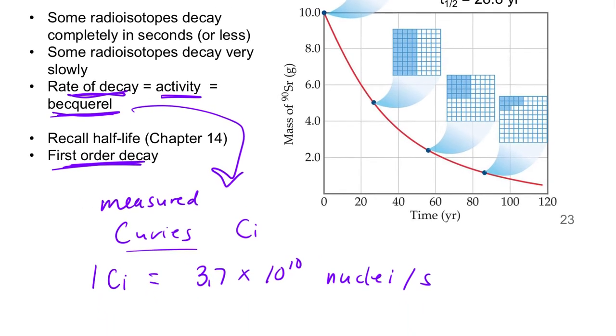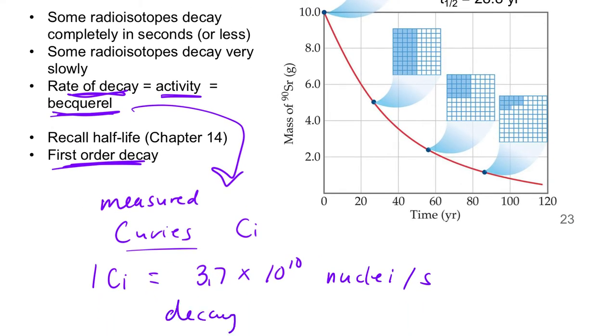This is the decay rate of 1 gram of radium-226. So it's radium, discovered by Marie Curie. Now she gets a unit named after her, and this unit corresponds to the decay of 3.7 times 10 to the 10 nuclei per second, which is based off of radium.